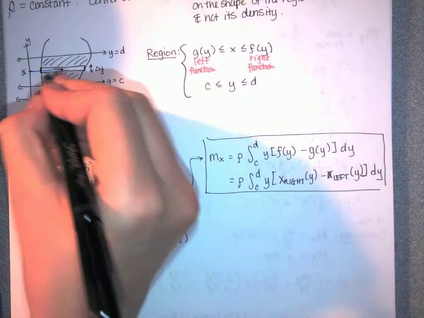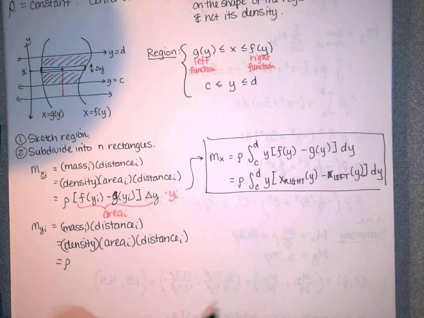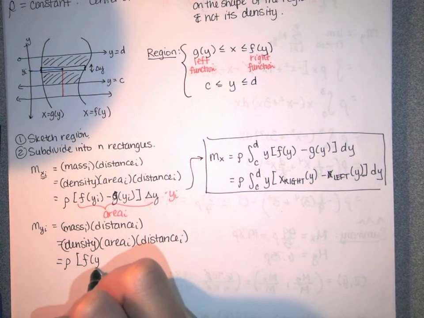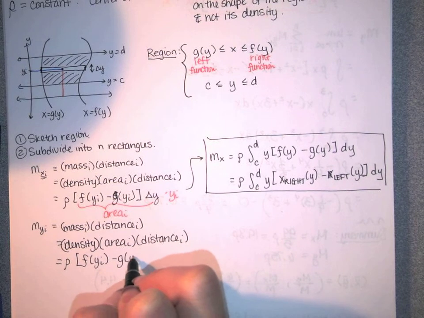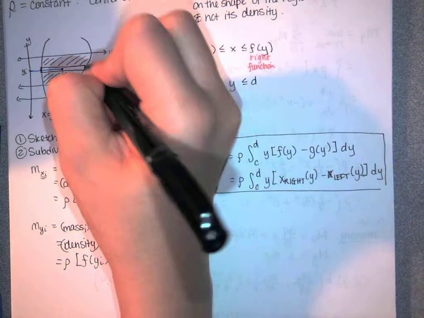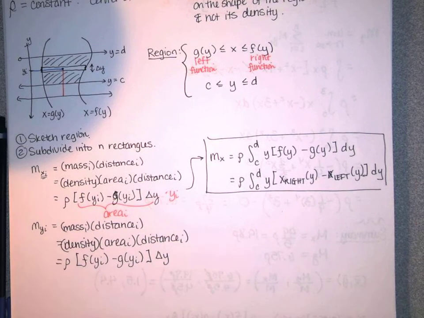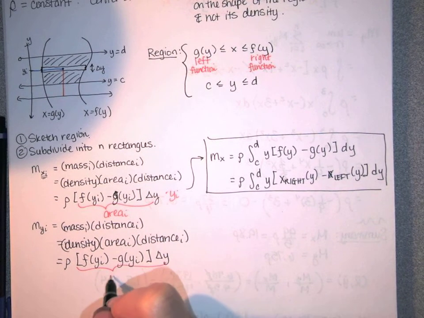And the area of this rectangle, again, is right function minus left function. So f of y minus g of y times the width of that rectangle, which is delta y. This whole piece is my area.